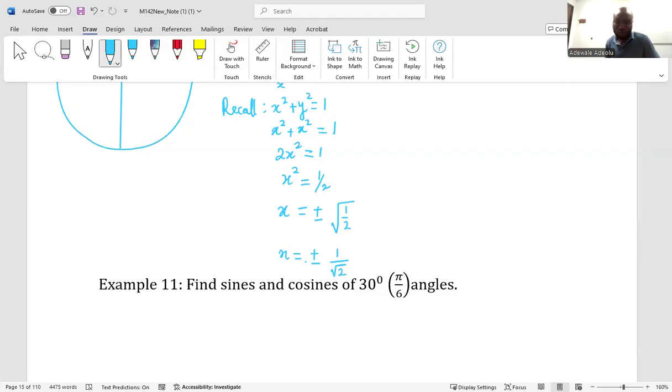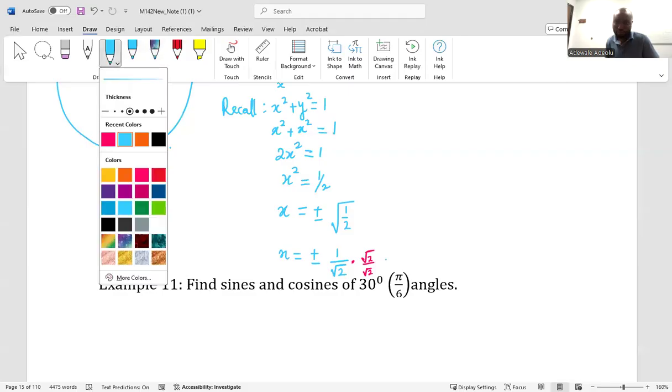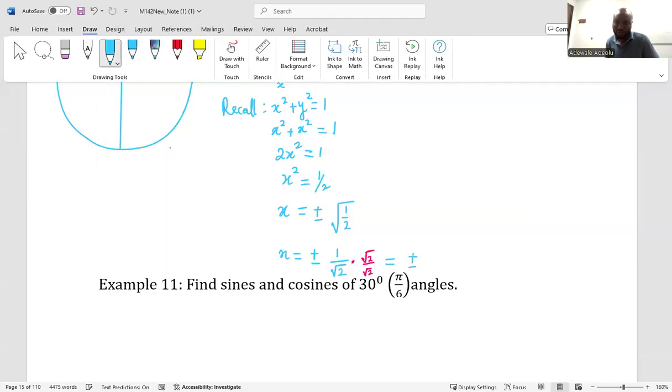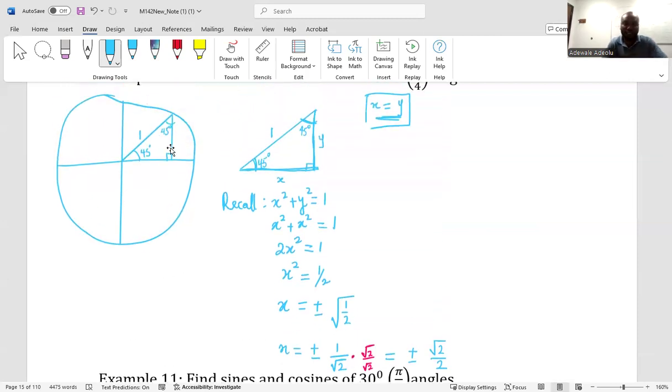However, I do not want to have a square root at the denominator, so I can rationalize that by multiplying by root 2 over root 2. And that gives me plus or minus root 2 over root 4, which is 2. Now, we know that our angle is in the first quadrant where x is positive.